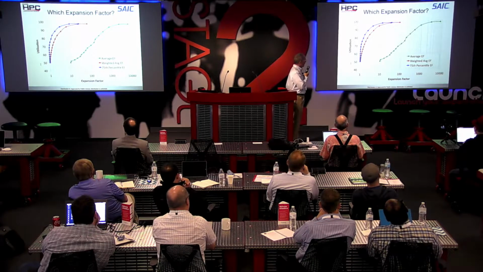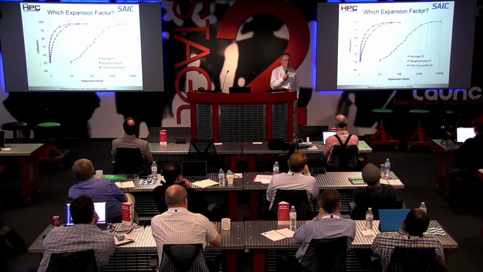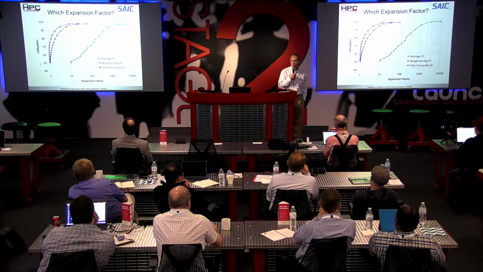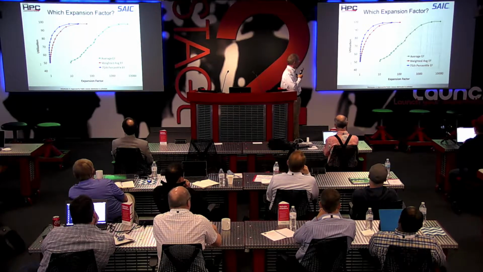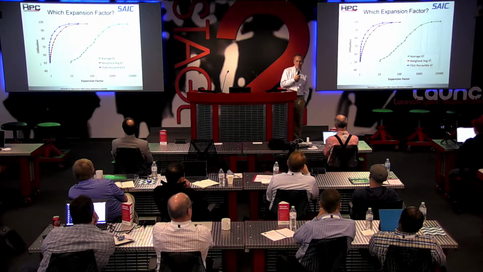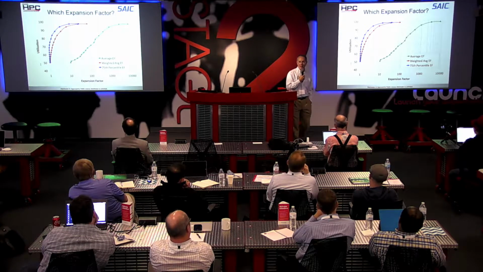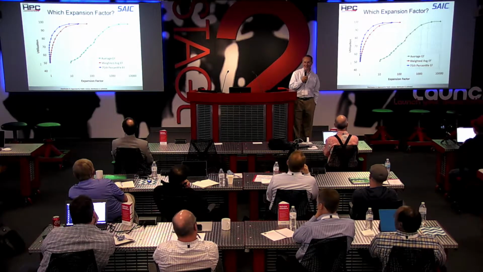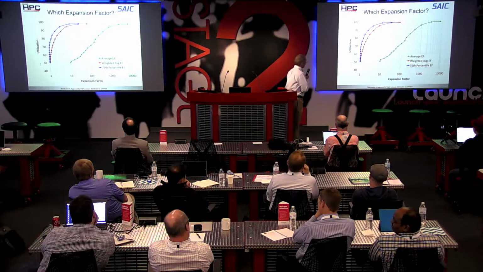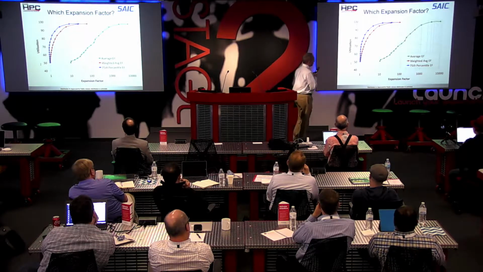The next one is the weighted average expansion factor. So you weight the jobs based on how many core hours they consume. And then finally, the one that is our favorite, or rather, I guess Larry Davis's favorite, is the 75th percentile expansion factor.